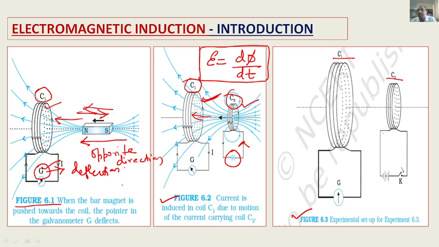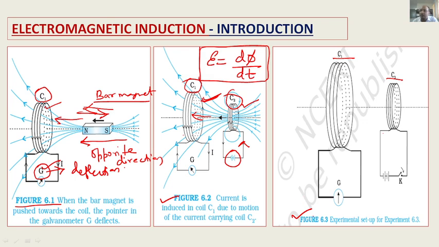In all three experiments, the setup of coil C1 is as it is, with no change. The only changes taking place in the various experiments are, in the first one, a bar magnet is taken. Again, if the bar magnet is stationary, there is no change in magnetic flux associated with C1, and hence there is no current. So movement is necessary.